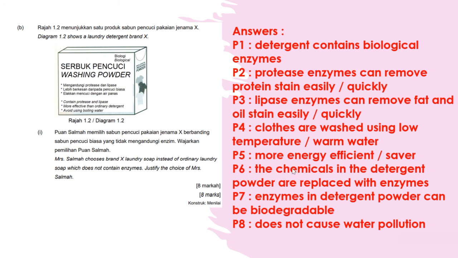Point number 6, the chemicals in the detergent powder are replaced with enzymes. So the enzymes in the detergent powder can be biodegradable, which refers to being easy to degrade, easy to break down.